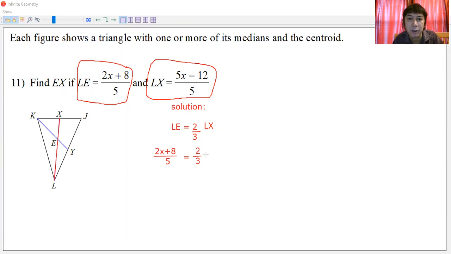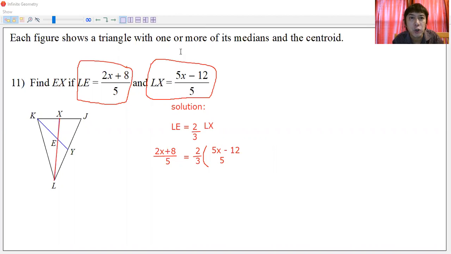LX is here, so we put a multiplication symbol, or simply a huge parenthesis, and then we put the LX, which is 5x minus 12 over 5 there.